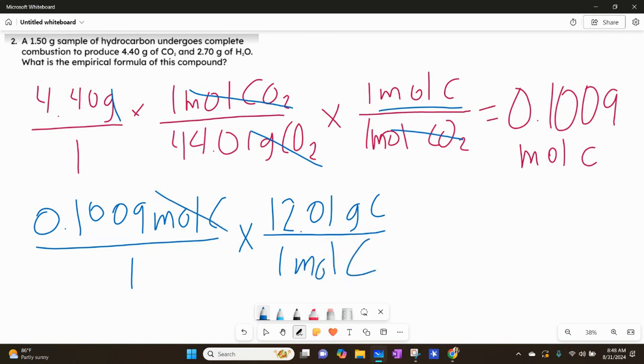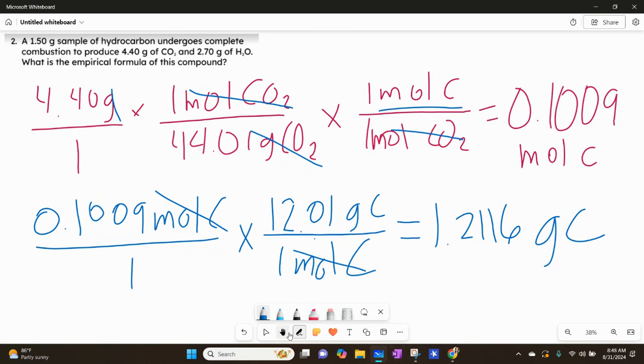And we get rid of the moles of carbon, so we're left with grams of carbon. So now we know we have 1.2116 grams of carbon. Great, we found our carbon, but now we have to go find our hydrogen.